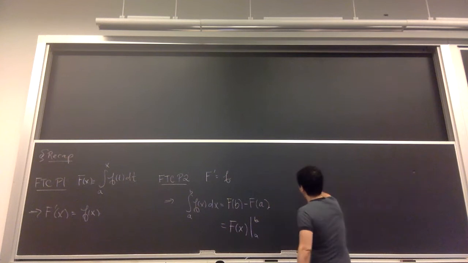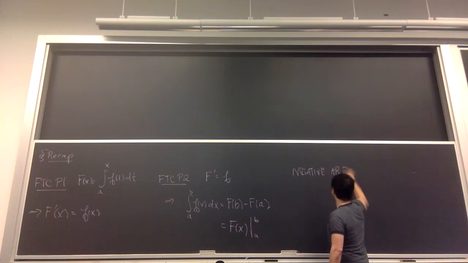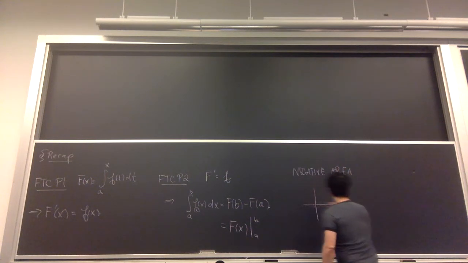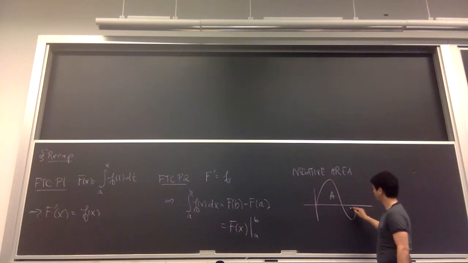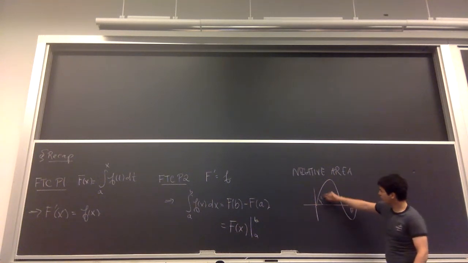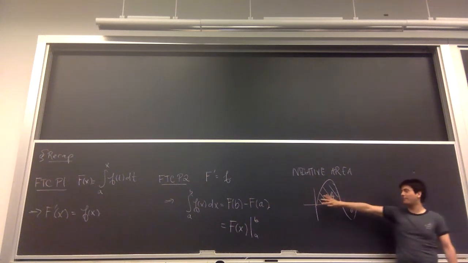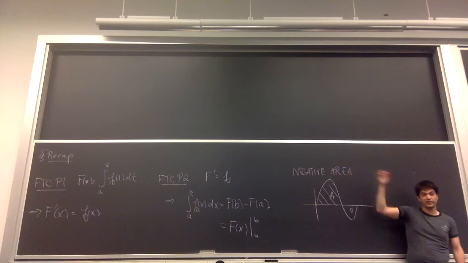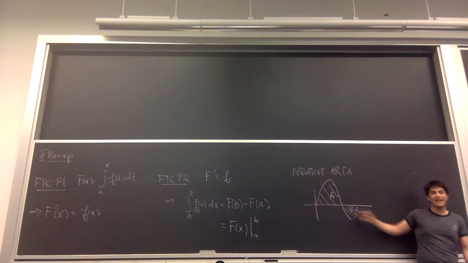Did you guys learn about negative area? So we're finding area under the curve using a Riemann sum, and we've been very careful to give you examples which are usually positive. What you may not have realized is that if you do the Riemann sum over this, what do you get?